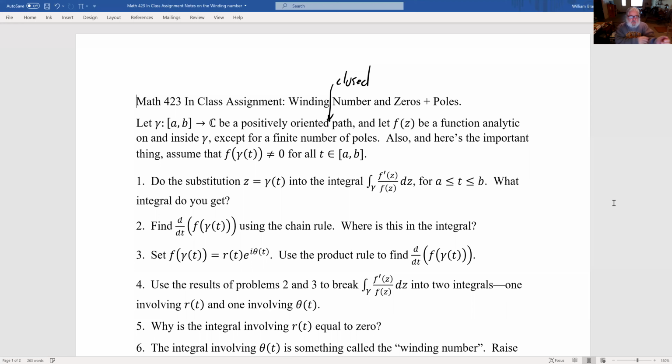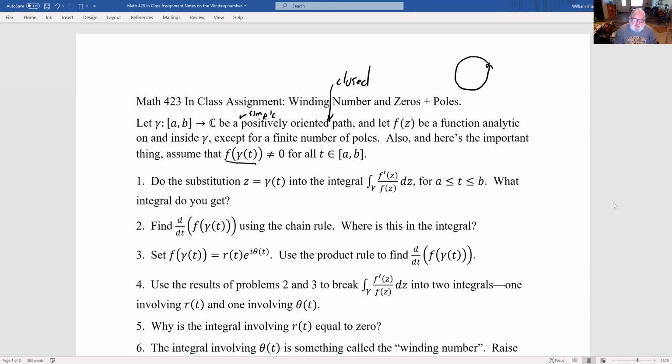And f of z is a function that's analytic on and inside gamma, except for a finite number of poles, right? So there might be some discontinuities, basically where you're dividing by 0. And we assume that f of gamma of t does not equal 0 for all t in [a, b]. So we have this path like this, closed path, and simple.